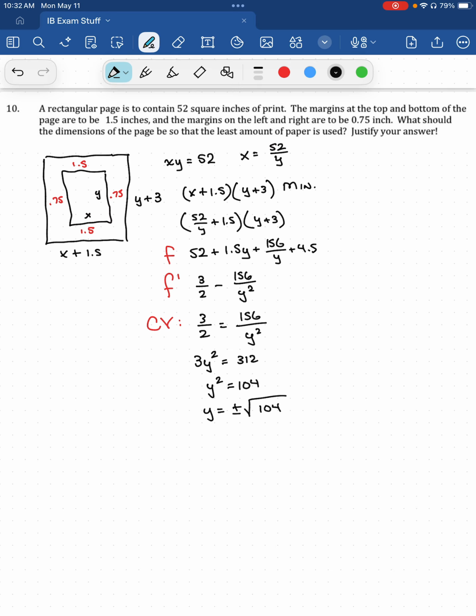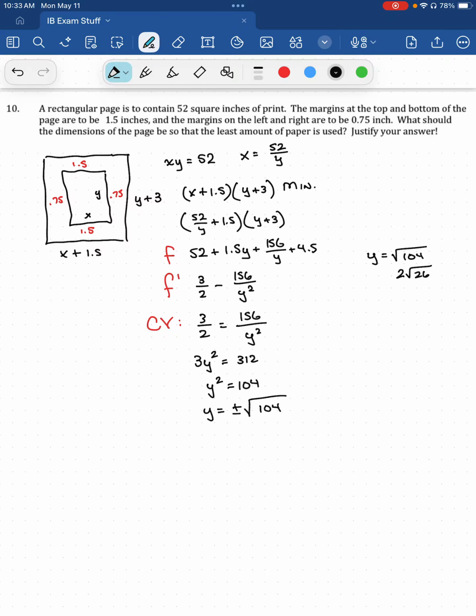Now, because y is a length, y is the square root of 104. Now, to get x, we're going to plug back into our original problem. This can also be written as 2 square roots of 26, and maybe that works out nicer in the end, but either way, those are my y values.